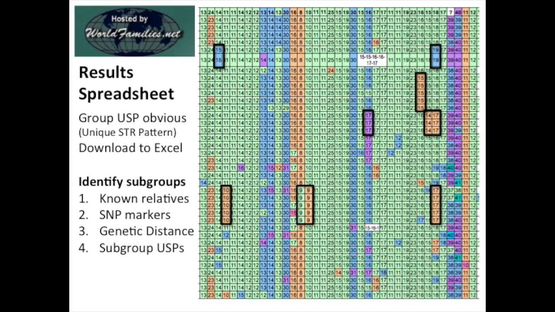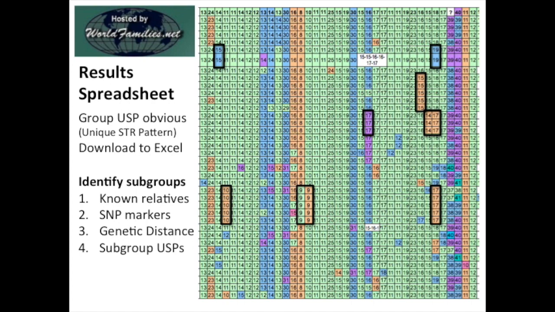That could just be an individual mutation, but that's the way you would try and group people together that have the same STR pattern. Now, an STR pattern based on 1 marker is not as convincing as an STR pattern based on 3 or 4, like you see in the other examples.